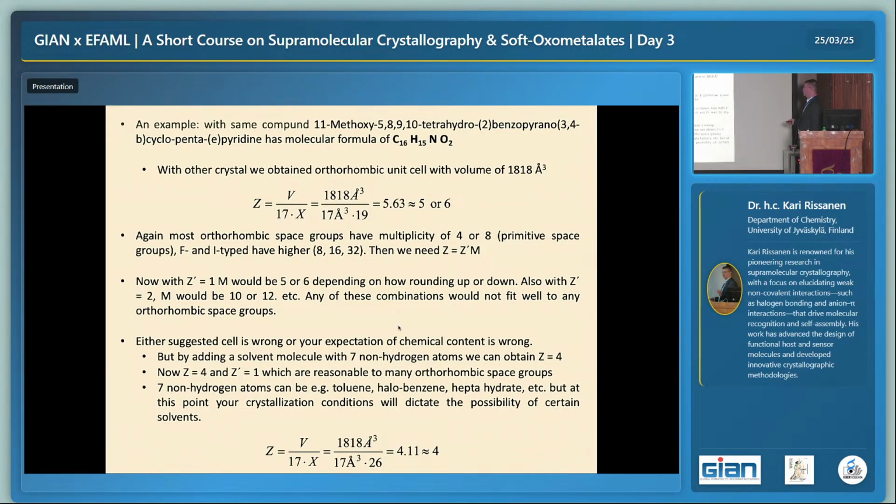If we now take 2 in the asymmetric unit, so that 6 is not enough for us, we have to multiply that by 2. Z prime means how many molecules there are in the asymmetric unit. Then it will give us 10 or 12. Again, illogical. So both numbers are illogical. This number and that number are not okay.